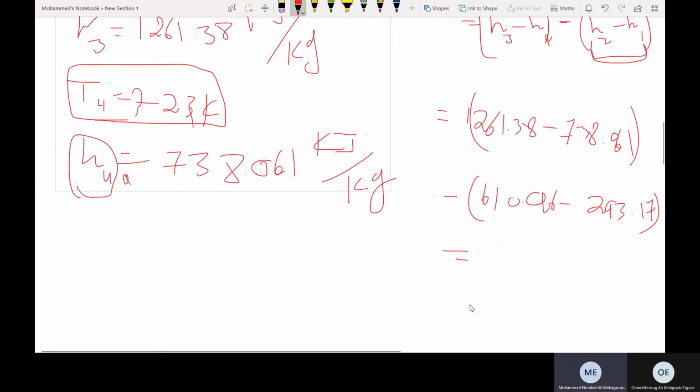It's going to be somewhere around 1000. Let me do the calculation for you. You can also follow me if you want, or solve the question as a practice.